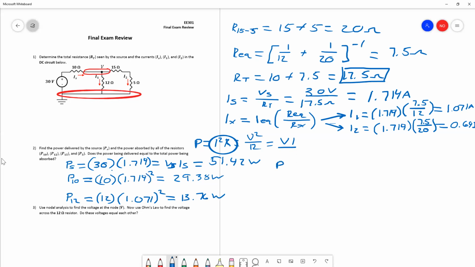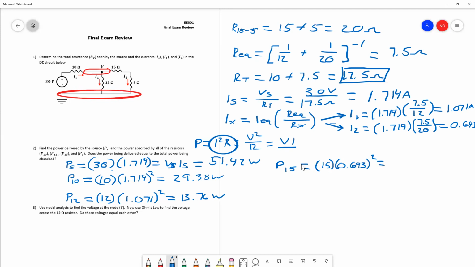Next, we'll solve for power of the 15 ohm resistor. And that will be the same process where we will plug in the resistance, which is 15, and then the current, I2, going through it, which is 0.693 squared.